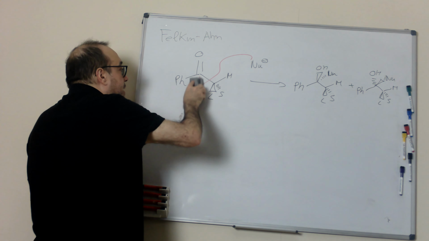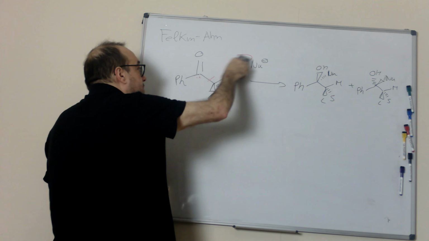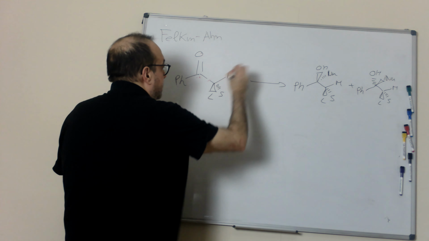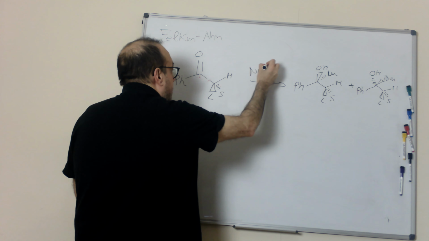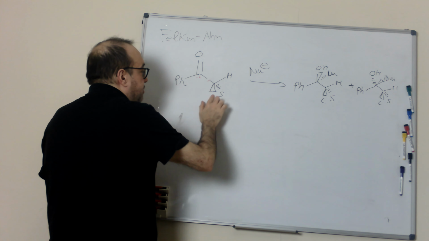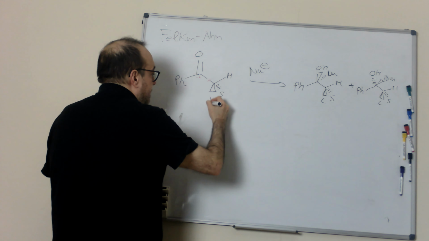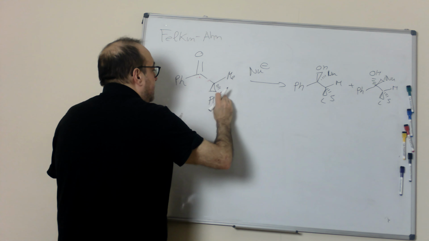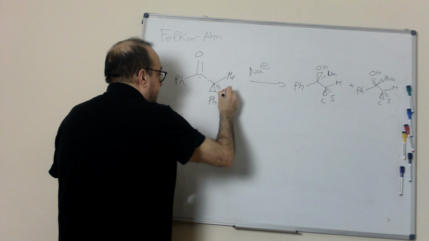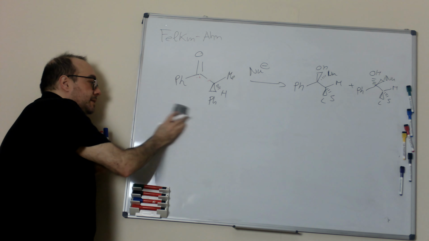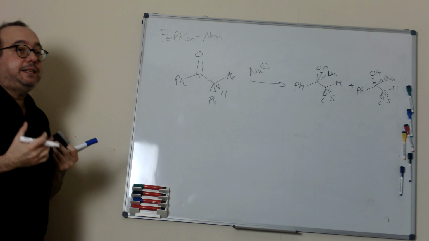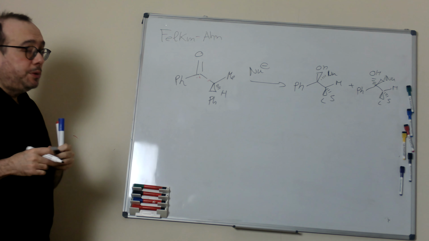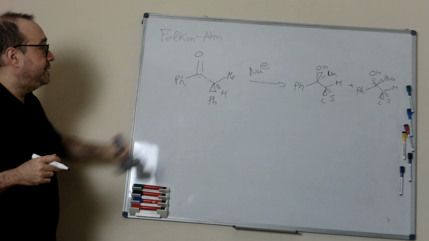I imagine that we have here, for example, the large group will be a phenyl, the medium group will be a methyl, and the small group will be a hydrogen. What we need to do first is draw the Newman projection of this carbonyl.